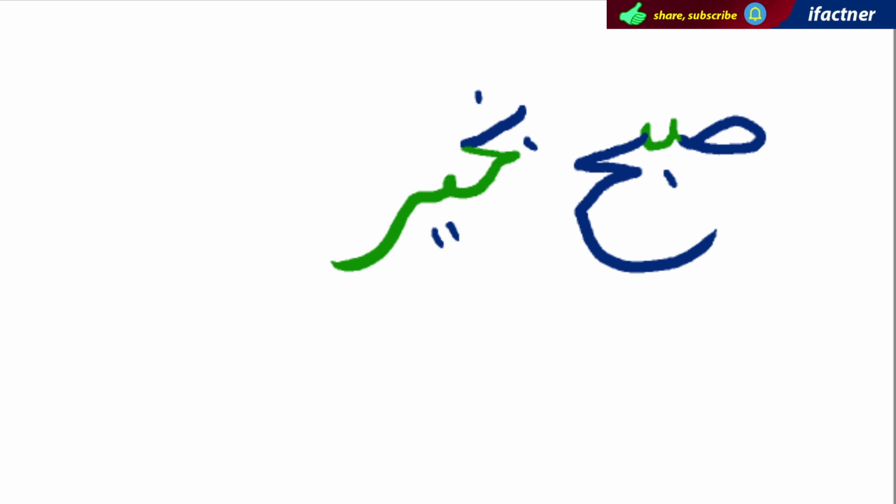So we start with sheen, and to write sheen we write the first part of sheen with a connector, put 3 dots on sheen, and then aleph, then mim, because no character is connected after aleph, therefore we write mim separately.